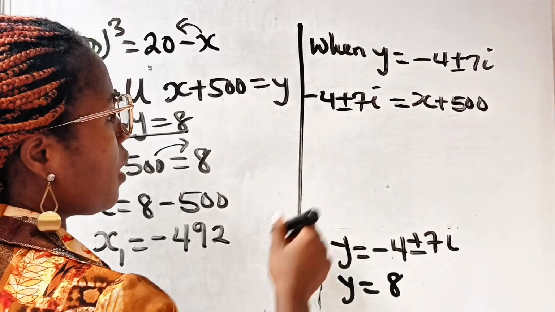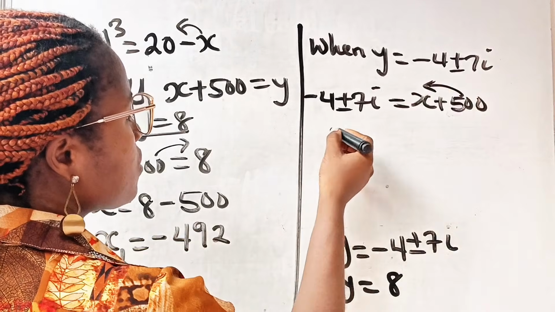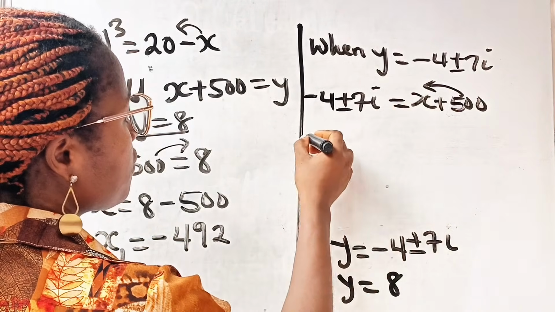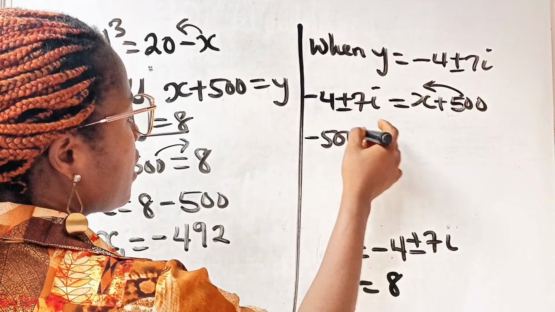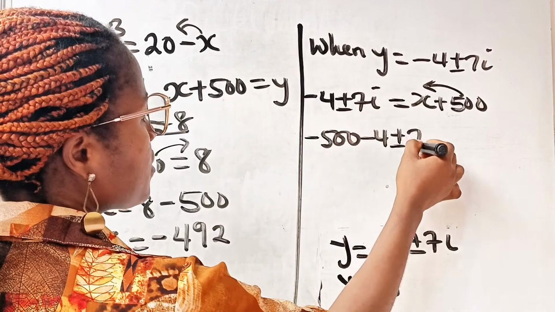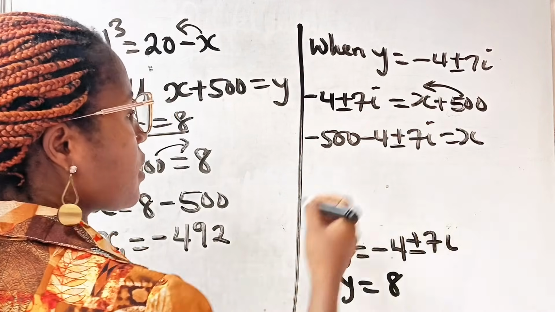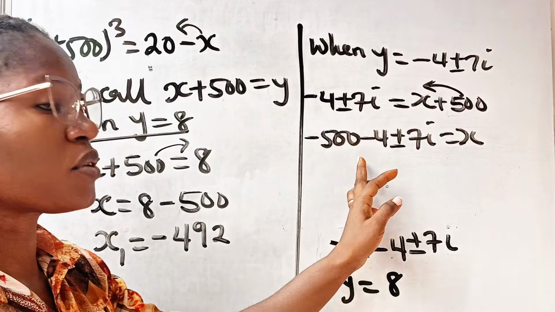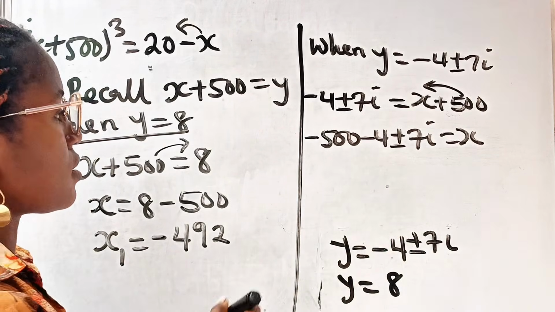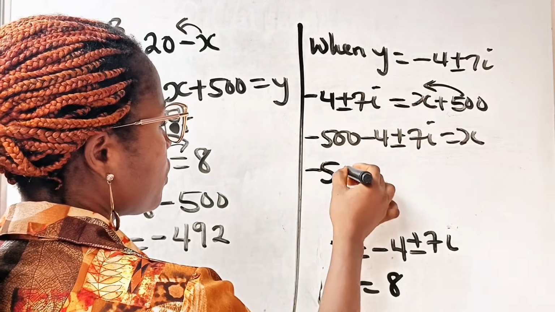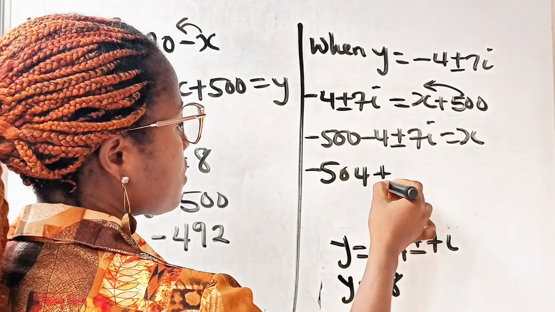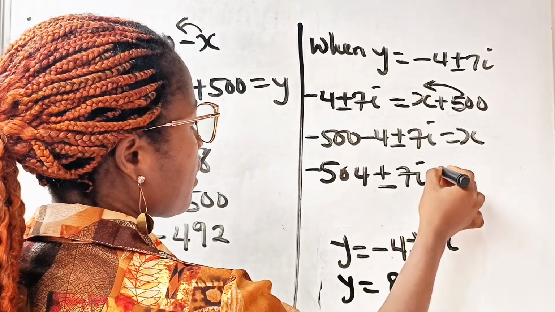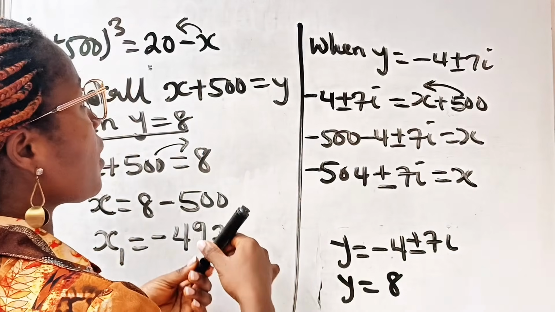If we transfer this to this side, we have negative 500, negative 4 plus or minus 7i is equal to x. Now, negative 500 minus 4 is minus 504 plus or minus 7i is equal to x.